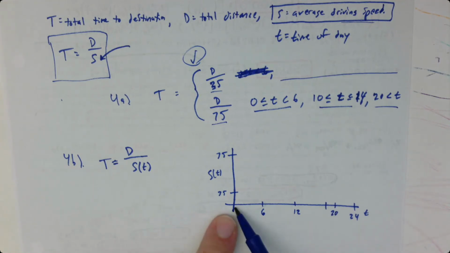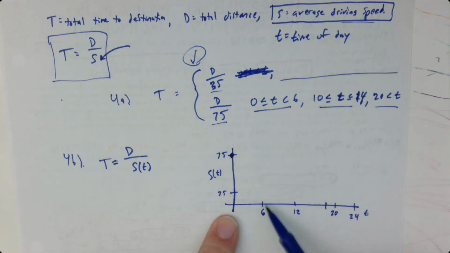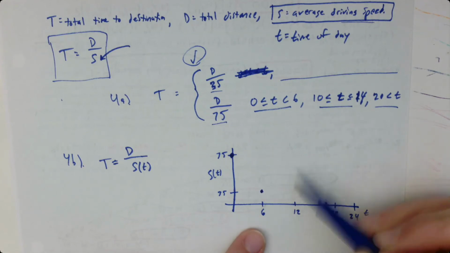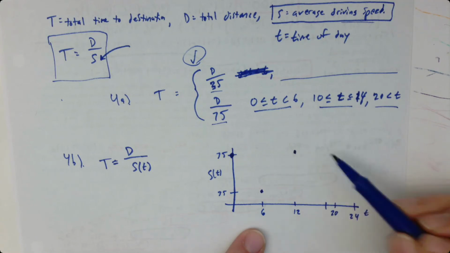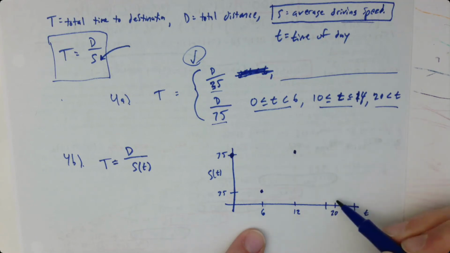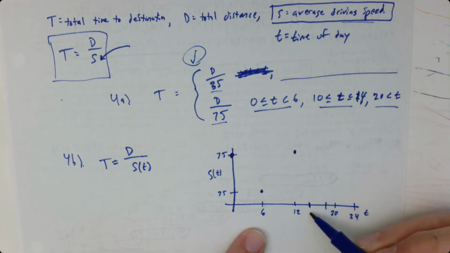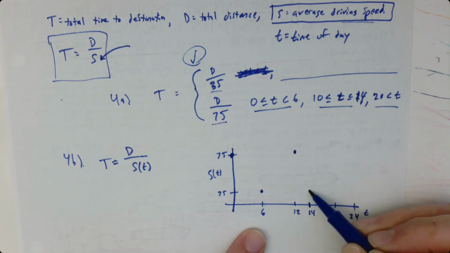At midnight, I'm going really fast. By the time it reaches 6 a.m., maybe I'm going really slow. By the time it reaches noon, maybe I'm going really fast again. And then by 2 p.m., I'm going really slowly again.